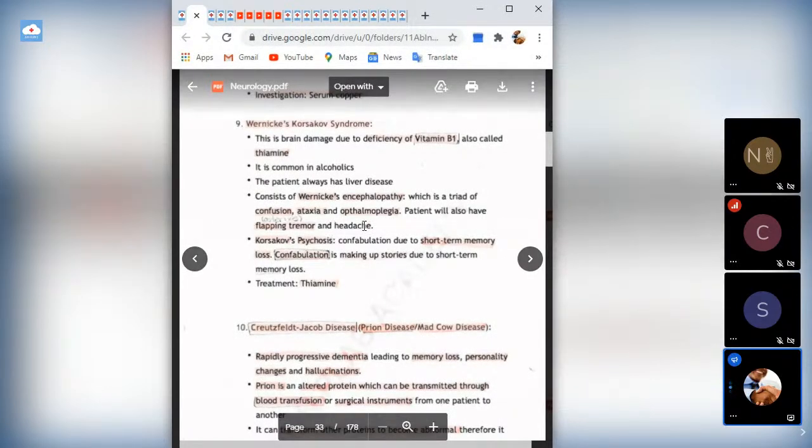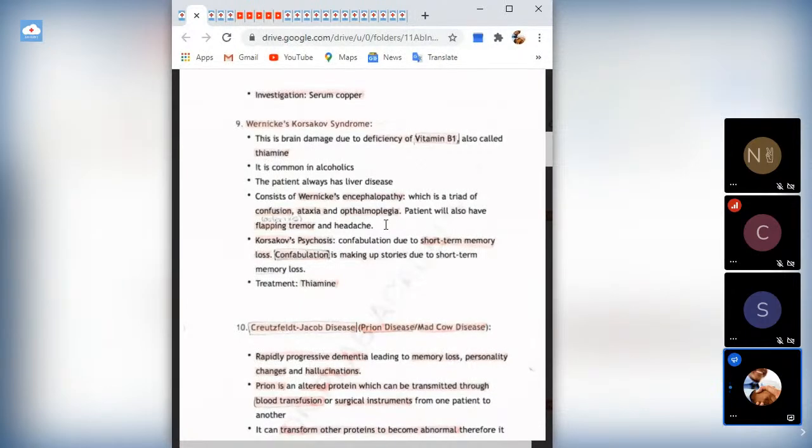Okay. Now, Korsakoff's psychosis, you have confabulation, right? And that confabulation means that this patient is just making up stuff, trying to cover the gap because he has lost his short-term memory. So that's why you call it a psychosis. Patient is just talking irrationally. Why? Because patient is trying to fill up the gap in memory loss. So you may ask him, what's the time now?